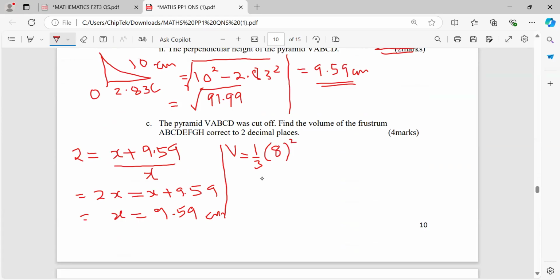Height yake ni hiyo height ya kubwa, h kubwa ni 9.59 plus 9.59. Sasa hapa itakuwa times 2 hiyo, 19.18, so times 19.18.